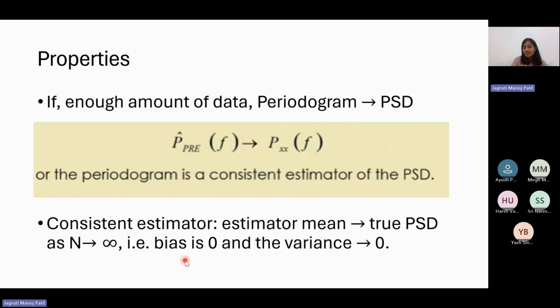So then what's this consistent estimator? It means that the expectation of this periodogram is equal to the true PSD as n, the number of points, tends to infinity. In that case, the bias would be 0, and hence the variance would be 0, because now you're considering everything in your data set. You aren't actually specific to this particular window.